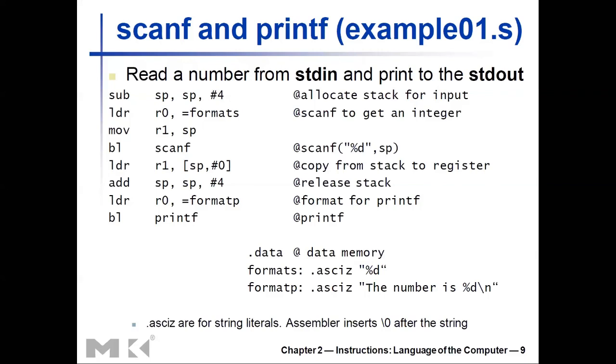And we all know that we use scanf to read a number from stdin, standard input, and we use printf to print something to stdout. So these two functions you have come across in your C course, and we are going to look at how we are going to use them.